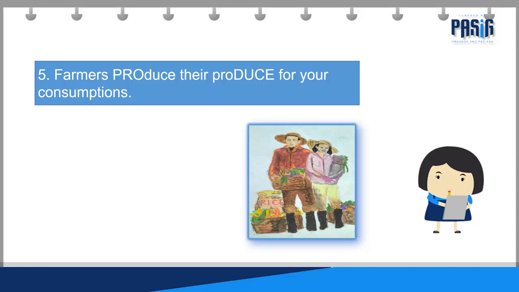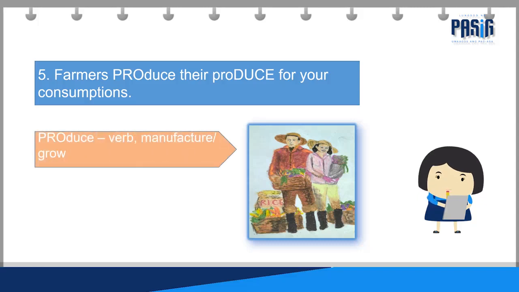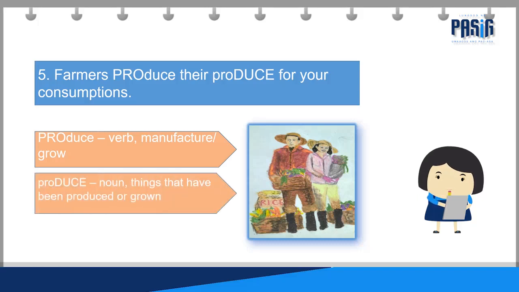What is the difference between produce and produce? Produce is a verb. It means to manufacture or to grow. While produce is a noun. It means things that have been produced or grown.